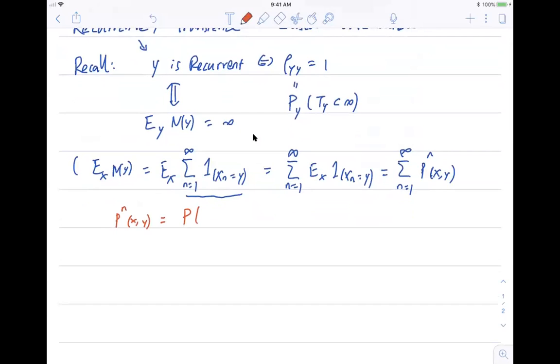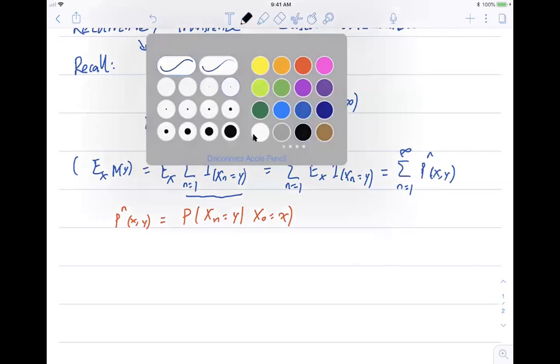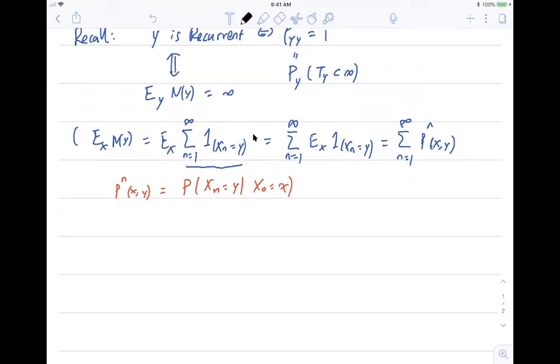It is the probability you're starting from x and you end at y at time n. So this is the definition. This is one computation of this very important quantity. We will use this quantity at a certain time. This is just one computation, just by definition.